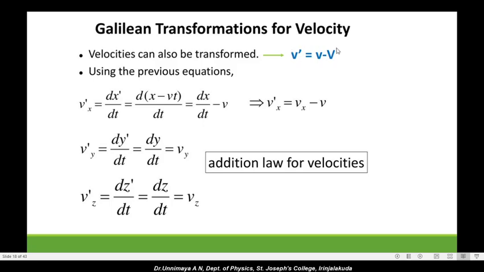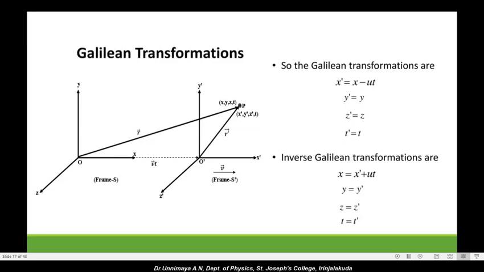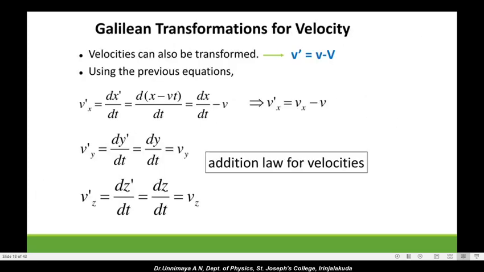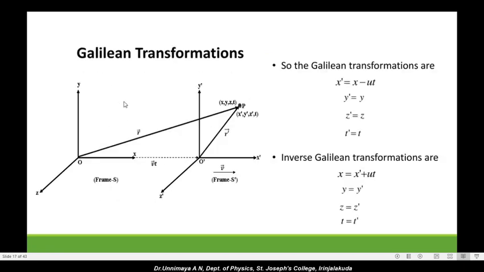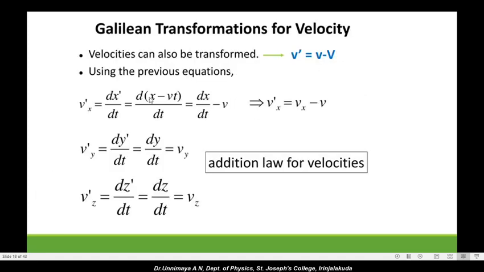This is the general expression for the Galilean transformation for velocity, which we can write in terms of the coordinates x, y, z or x prime, y prime, z prime. We can modify it as vx prime is equal to vx minus v, just by differentiating the expression x prime is equal to x minus vt.